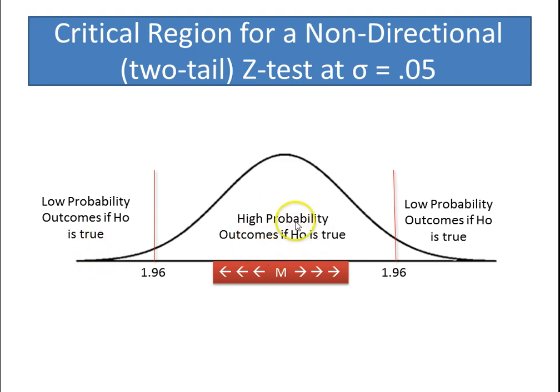If our final outcome lands in the high probability area, that would mean, notice that if we land here, then there is a very high probability that the null hypothesis is true, meaning that there is no effect, that the touch did not work.